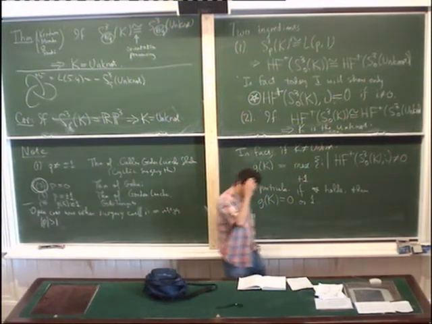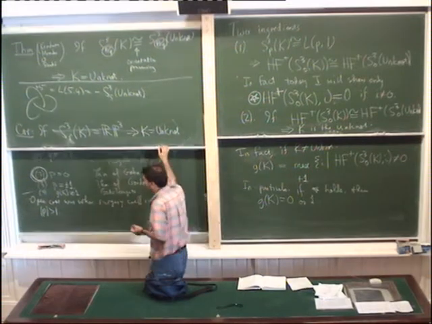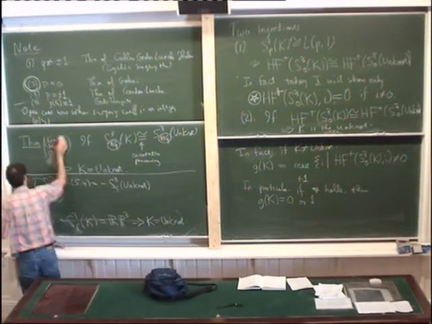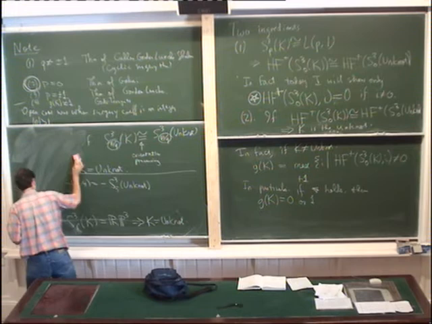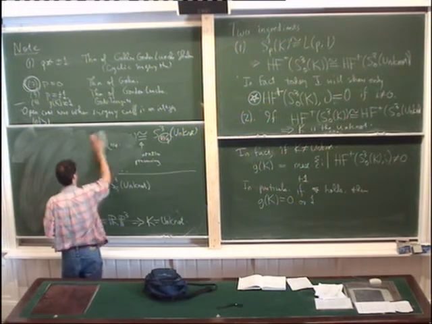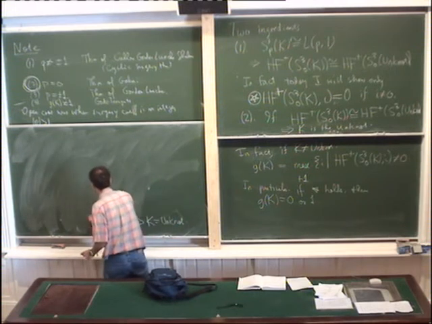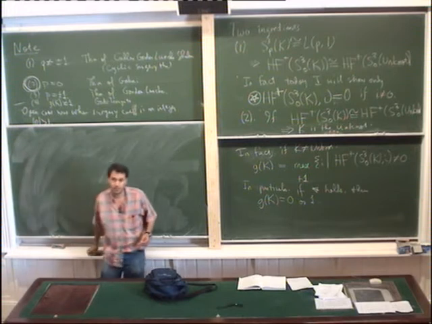So step 1, in fact, boils down to an application of the exact triangle. But we need to have a suitable version of the exact triangle. It's not quite the version that we've been talking about so far. So the exact triangle in the version I'd like to discuss is the following.